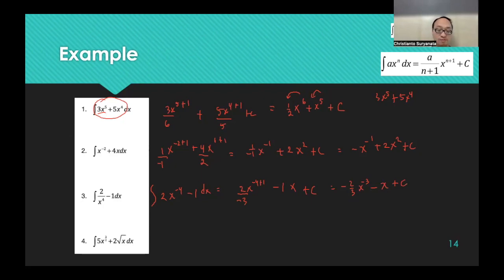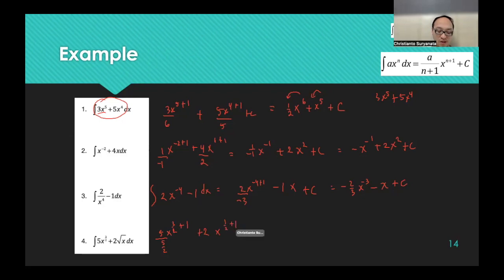Number 4, so it's 5x to the power of 3 over 2. So we add 1 and then divide by 3 over 2 plus 1, which is 5 over 2. Plus 2x to the power of half.